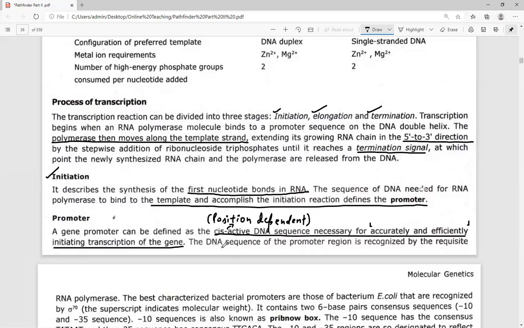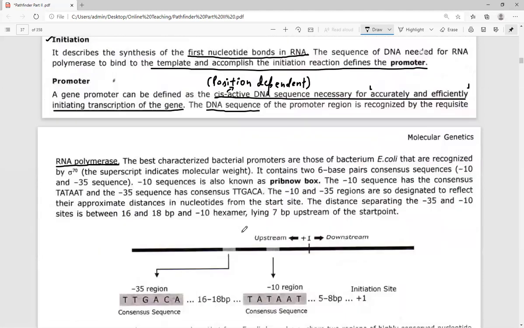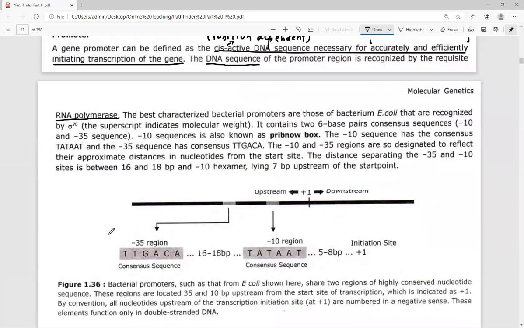So the DNA sequence is always recognized by a specific enzyme, and that enzyme is the RNA polymerase. This RNA polymerase recognizes specific DNA sequences at the minus 35 region and at the minus 10 region, and those are the consensus sequences which are present.